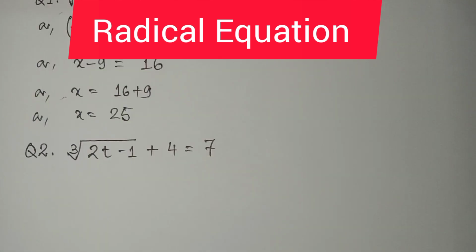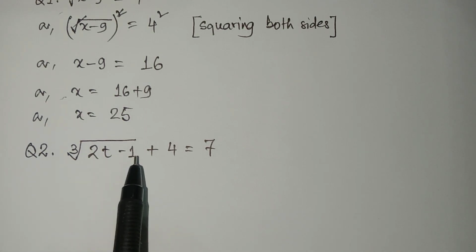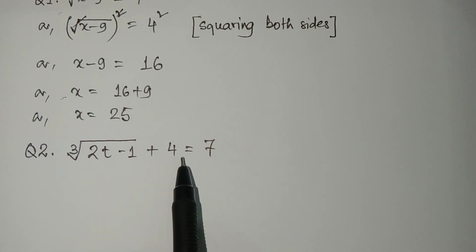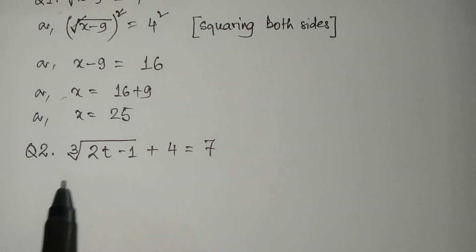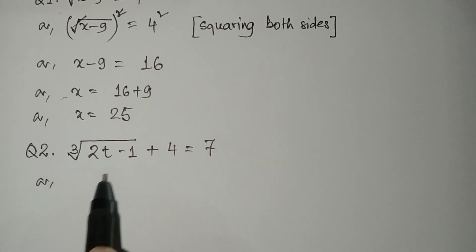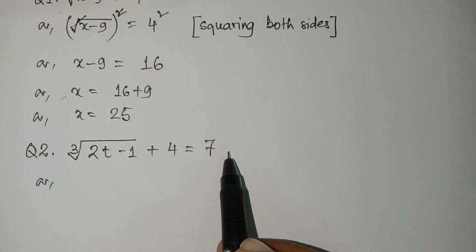Our question number 2 is the cube root of 2t minus 1, plus 4, equal to 7. Here in this case, we are just going to transfer this 4 to the other side.